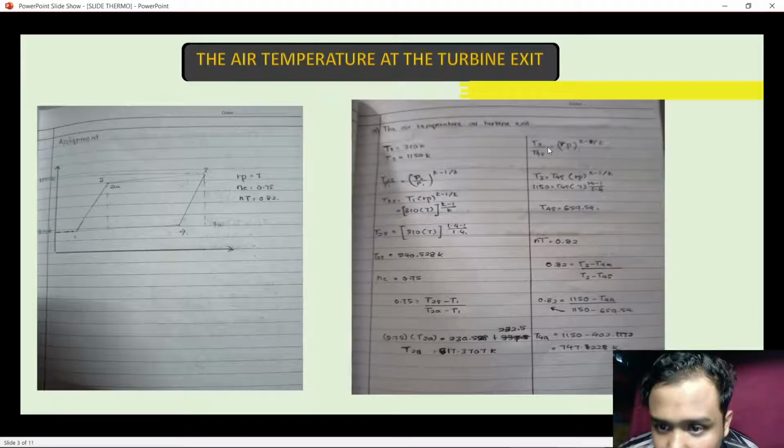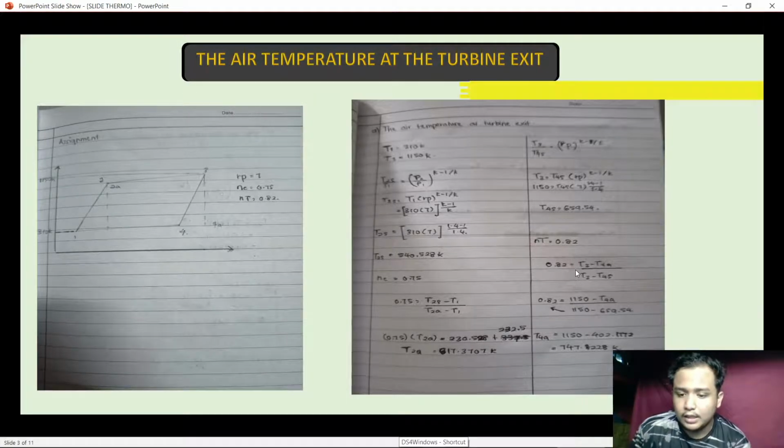And after that, we have to find the T4s using the same formula we use to find the T2s, which is T3 over T4s equal to the pressure ratio to the power of (k minus 1) divided by k. So we put the value and we get the T4s is 659.54 Kelvin.